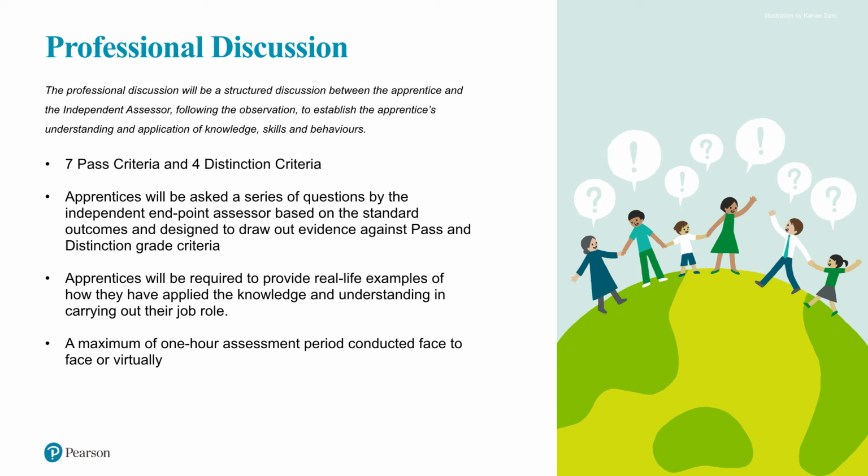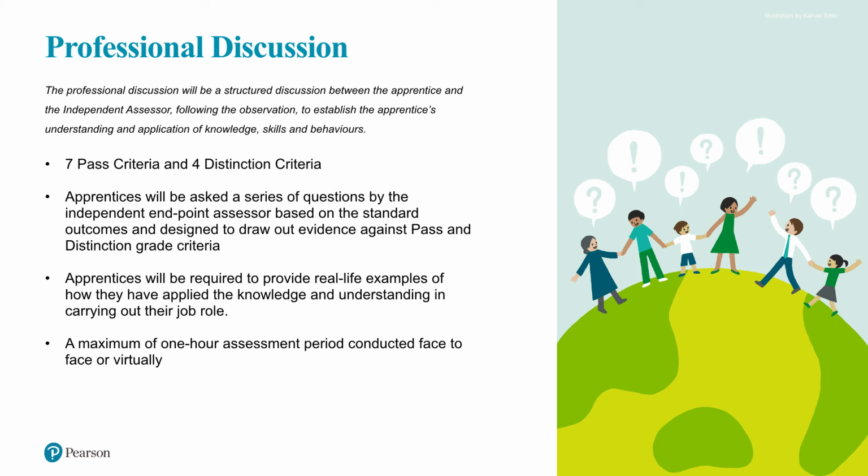It has to be done this way because within the professional discussion, we need to ensure that all apprentices have the option and the ability to discuss with their endpoint assessor and present the evidence they need to present. So the only way really to do that is to structure that professional discussion with a series of questions.